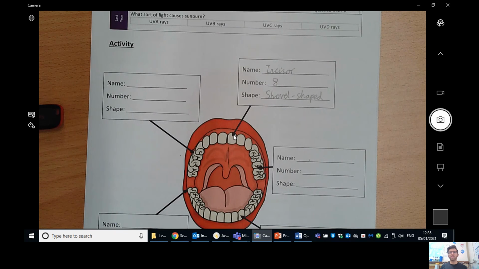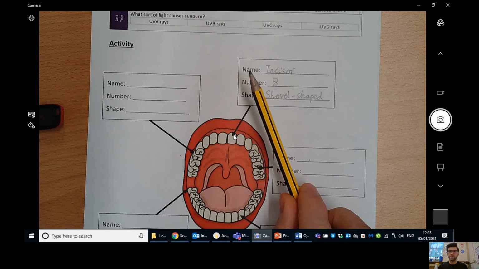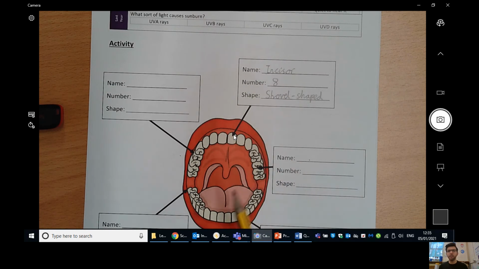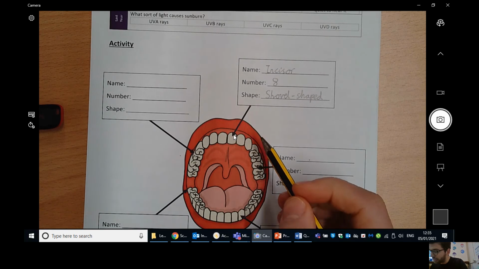Once you've completed that section, if you've got some colouring pencils or pens, you can shade in with a particular colour all the incisors on this mouth. If, like me, you've only got a pencil, that doesn't matter. You can leave some of these teeth blank, shade some of them really light, or a bit darker. So you will still be able to do it with a pencil. I'm going to do that myself.